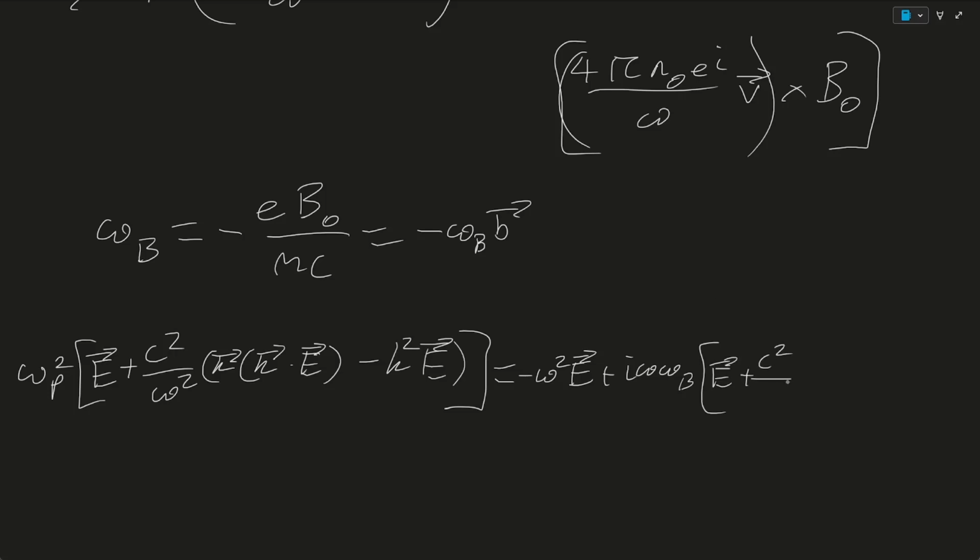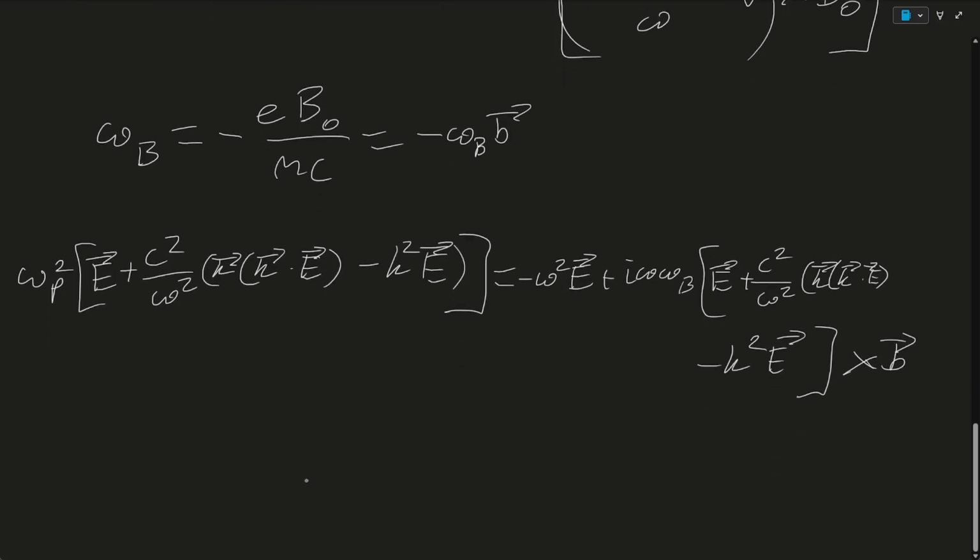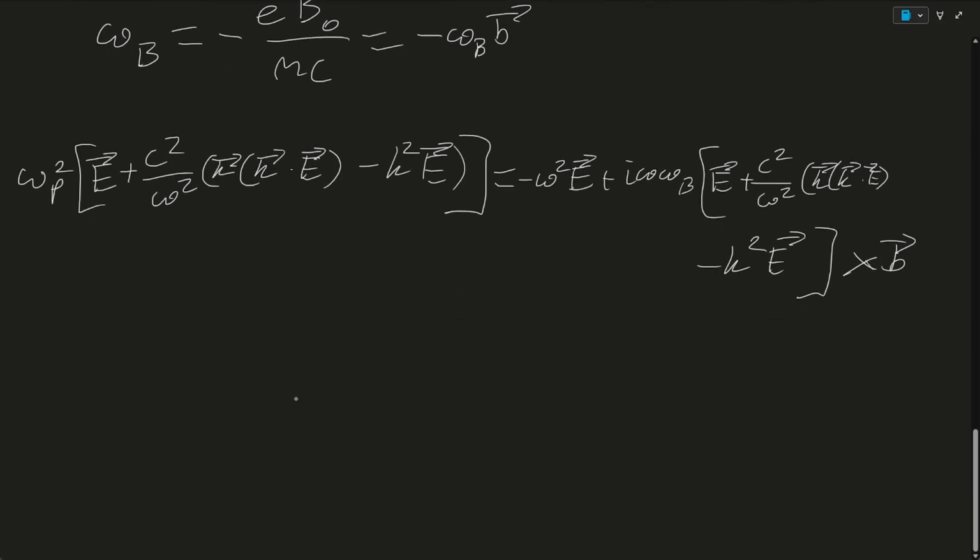Plus c squared over omega squared. Minus k squared e cross b. And we can get rid of some stuff.